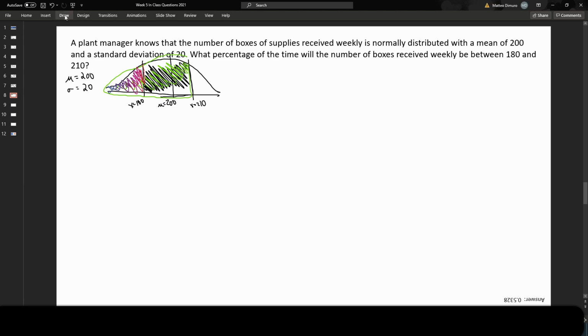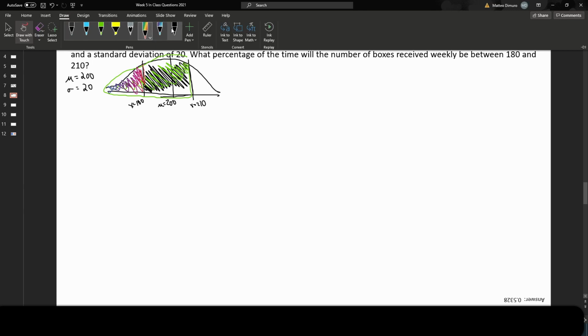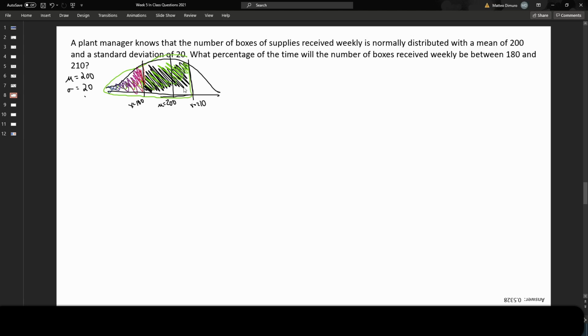That is the concept of finding between two values. You do two calculations, get two z-scores, look them up, and subtract the small one from the big one. I don't want you to reduce it to that, the reason why is demonstrated by the diagram.